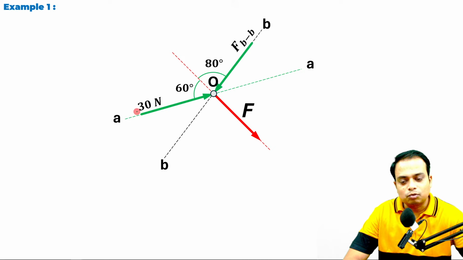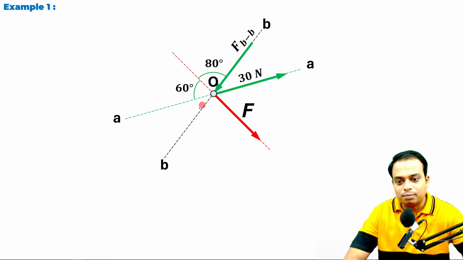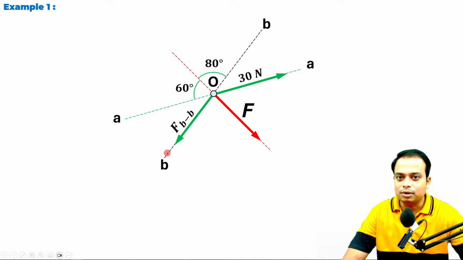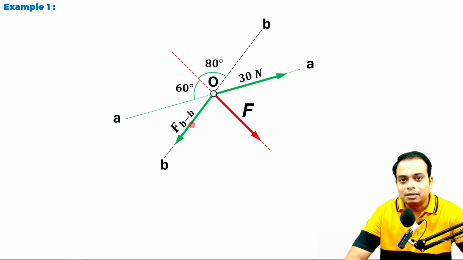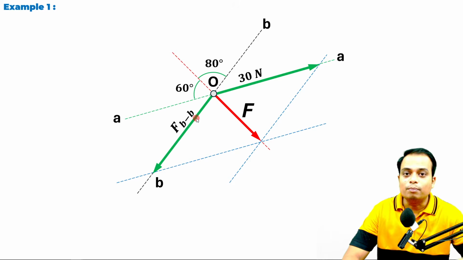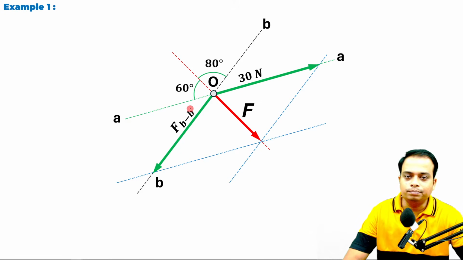You can transfer this force of 30 Newton along this line of action AA and FBB along BB. Now we are going to make some fine tuning. If this is force F, its component can be adjusted, increased or decreased in this fashion, okay, in order to convert it into a parallelogram.